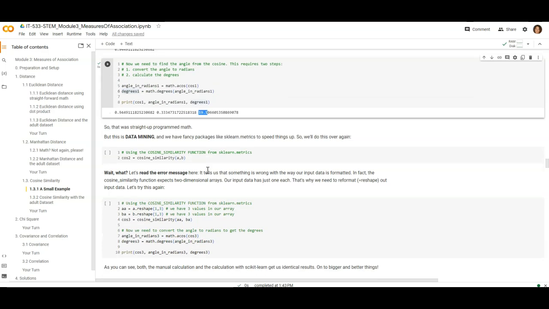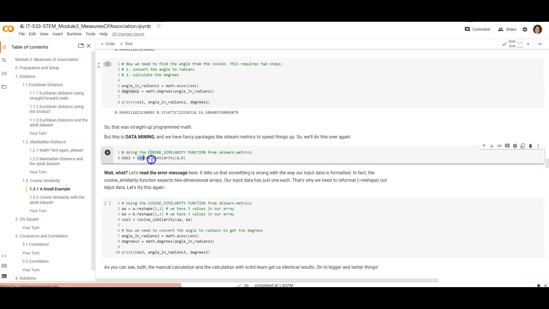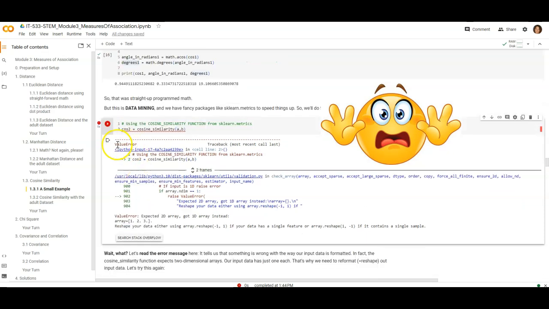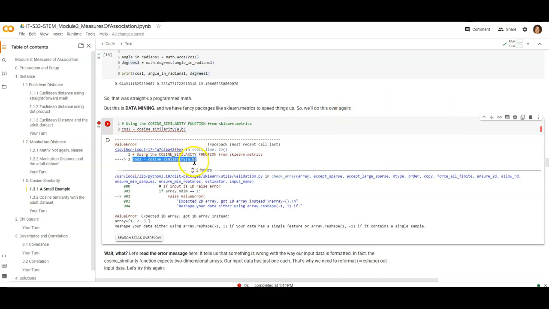We can do this much more easily by just saying, give me the cosine similarity between vectors A and vectors B. Oh, wow. Well, that is an interesting error, isn't it? Let's see what it tells us. Obviously, our cosine similarity, vector A, vector B, that's where the error occurred because we're seeing this with the arrow here.